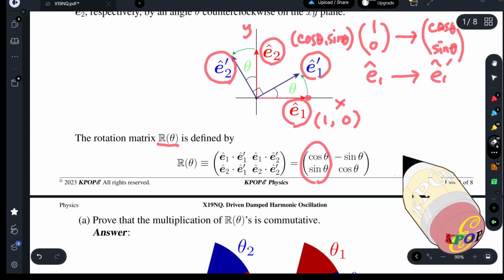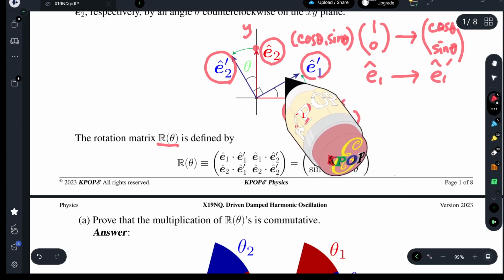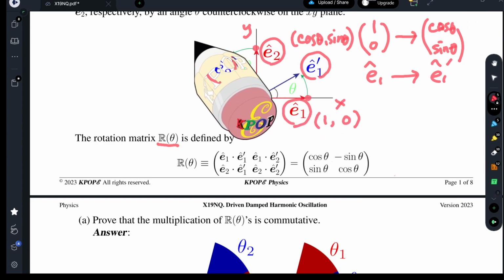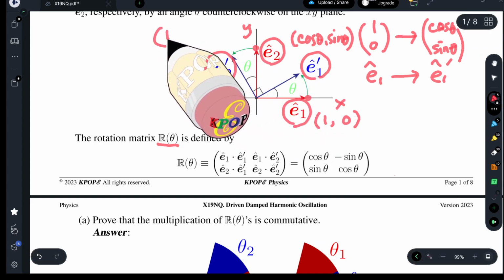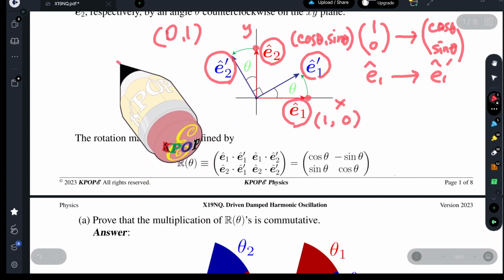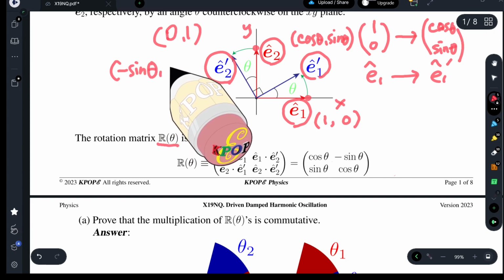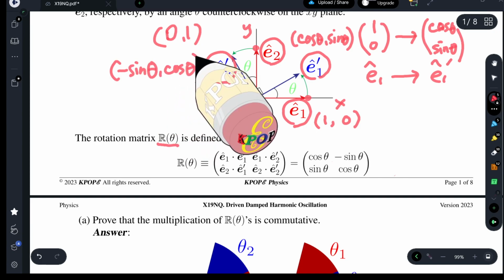What about the second case? If I rotate this E2 hat, whose Cartesian coordinates are 0 and 1, after the rotation you will find the x coordinate is minus sine theta and the y coordinate is cosine theta.